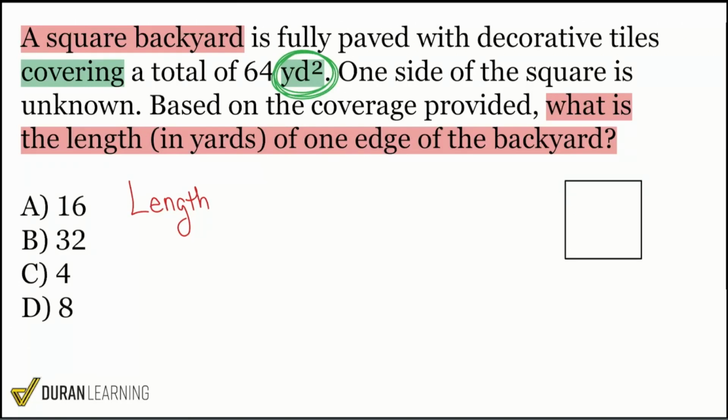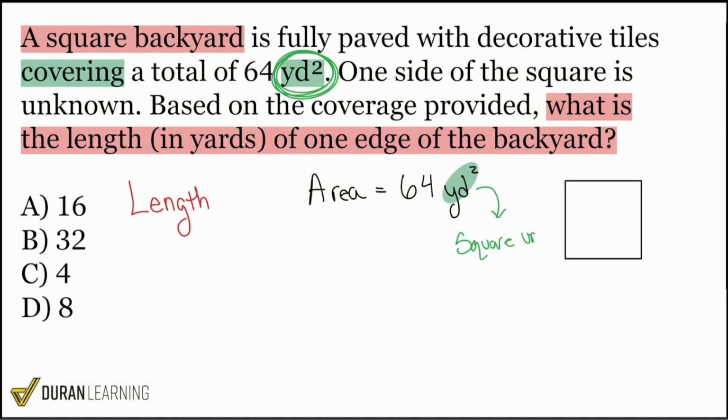So with that said, let's go ahead and write this down. We are given the area here. The area is 64 square yards. Because again, it is area because it is square units. Square units means area.